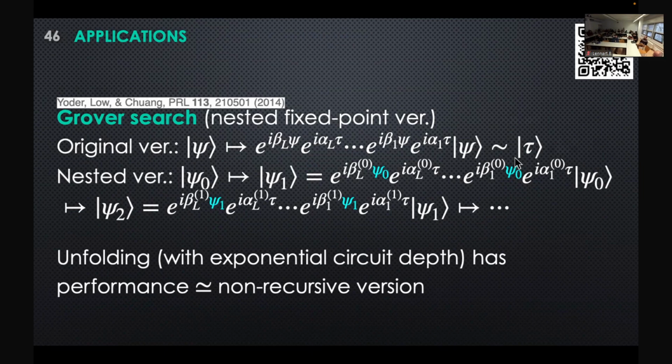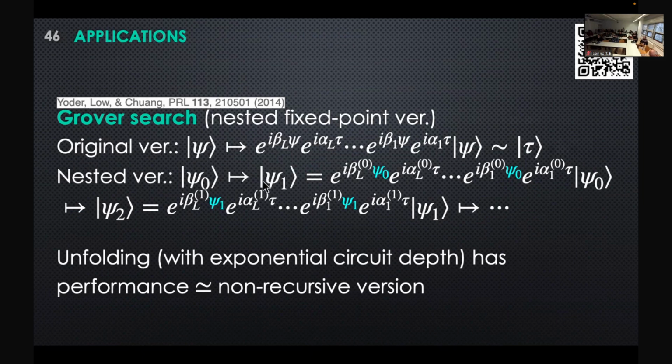It turns out that it can be made recursive. So rather than repeating these reflections around tau and psi for a very long L, you can shorten the number of reflections, and you will achieve some state psi 1 that is closer to tau than psi naught, but not very close yet.